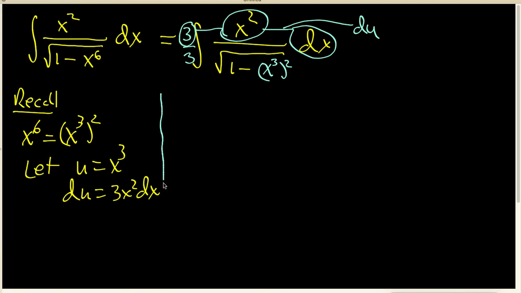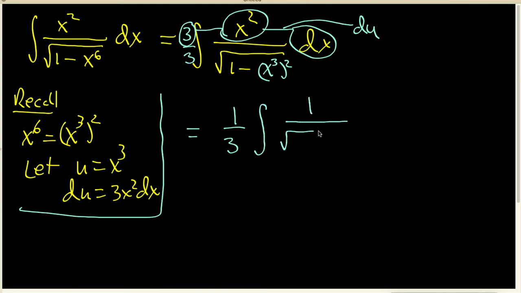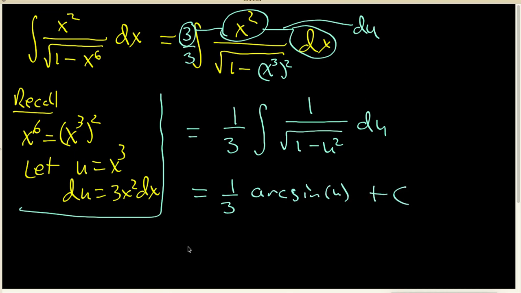And so with this substitution, my integral becomes 1/3 times the indefinite integral of 1 over the square root of 1 minus u squared du, and that's going to go back to the arc sine of u plus a constant. And so my final answer becomes 1/3 times the arc sine of my u, which was x cubed, plus any constant that I want to add.